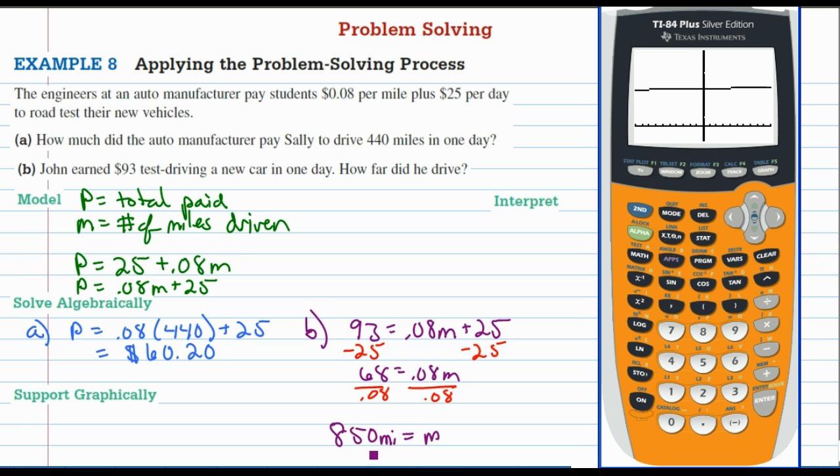That looks okay. Now we're talking 850 miles or 440 miles, so miles is the x-axis here. I'm going to change my x maximum not to 10 miles, but to 1,000 miles, so I can easily fit 850 miles in my graph.